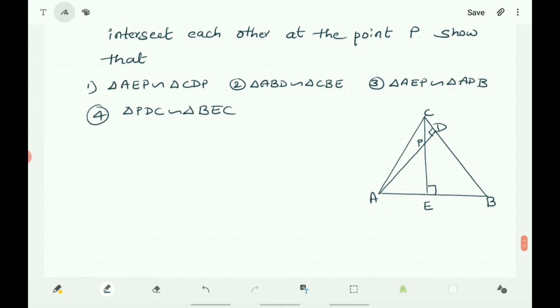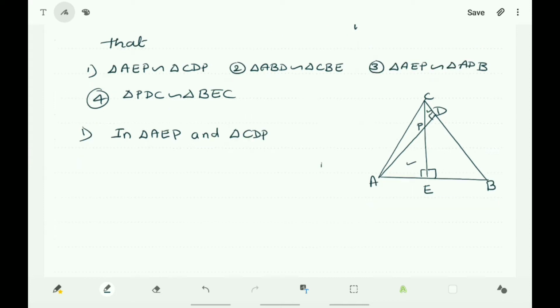Now you take the first pair, that is first one, in triangle AEP and triangle CDP. Angle AEP is equal to 90 degrees. Angle PDC is equal to 90 degrees because you know that CE and AD are altitudes.